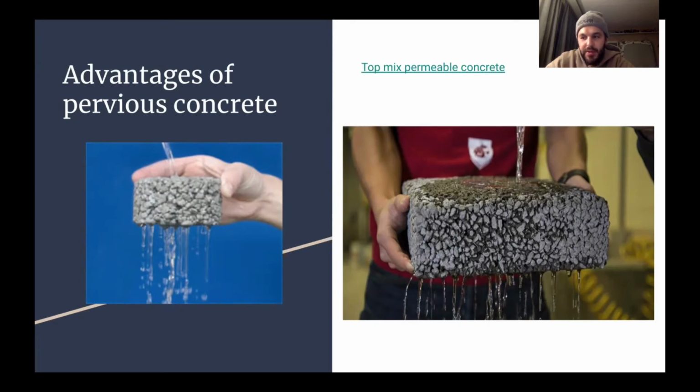Pavement in the video is rated to handle the weight of cars and trucks, so it can be used in a variety of paving applications. Not to mention, it's draining at about 1 gallon per minute per square foot, as advertised by Top Mix. This would be considered on the low end, but as you saw, it's impressive nonetheless.